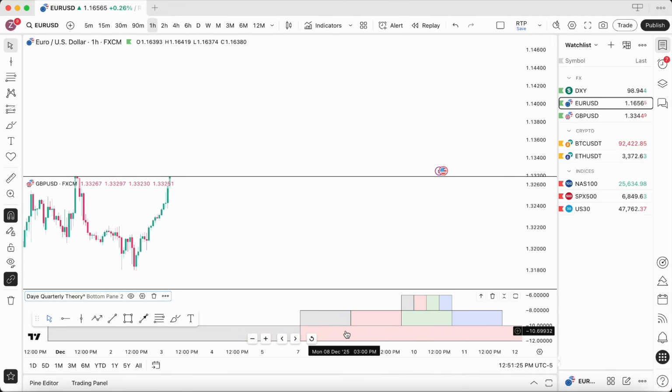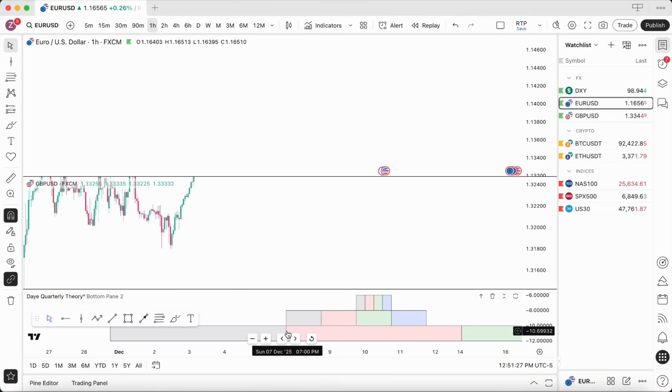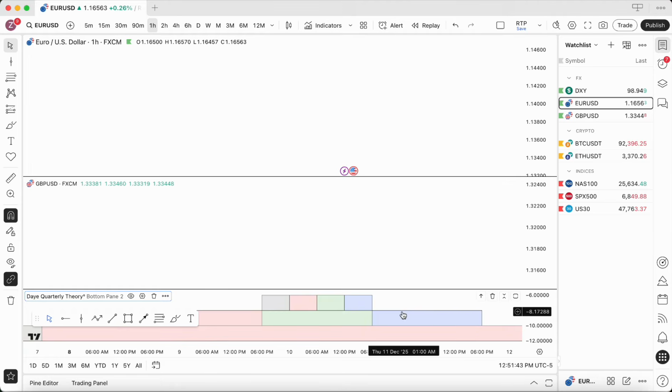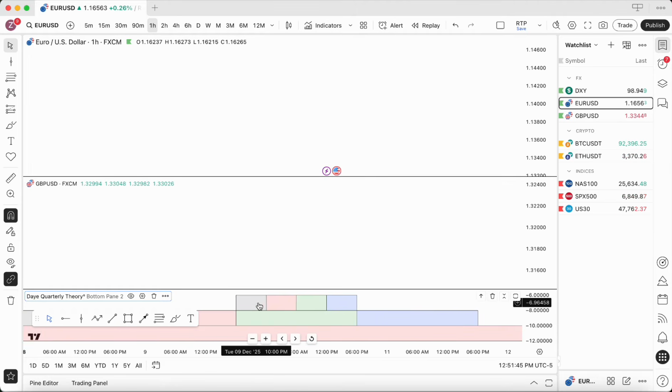And like this, you can see that right here, this is my monthly cycle, which is week number 2. Inside week number 2, I have weekly cycles, which are the daily candles, Monday, Tuesday, Wednesday, Thursday. And inside of them, you can see that I have daily cycles, which are from 6 p.m. to 12 a.m., 12 to 6, 6 to 12, 12 to 6 again.